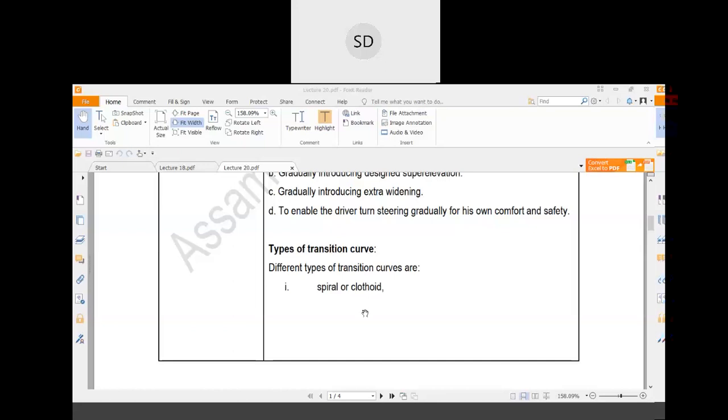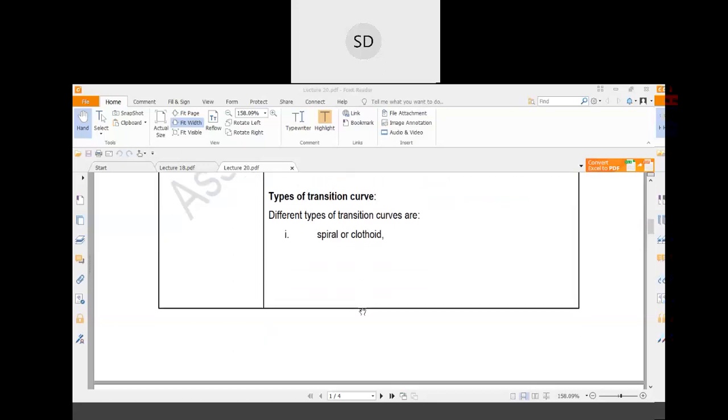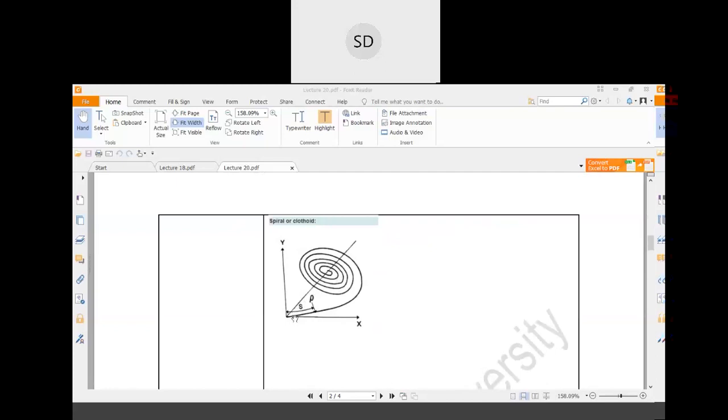Now let us discuss the different types of transition curve and what their characteristics are. The first type is spiral or orthogonal, so basically these are the spiral curve. In the spiral curve, what happens? Initially the radius of a spiral curve is infinity, and gradually it reduces to a value which is equal to the circular curve. Here the change of the radius is uniform, constant.